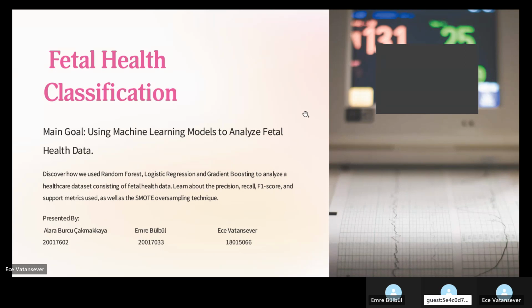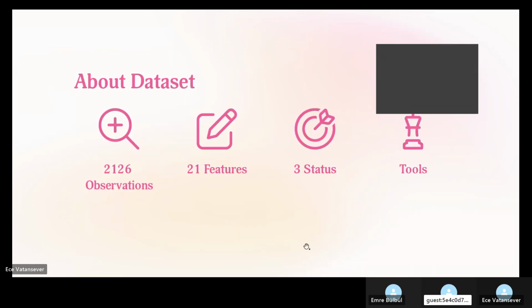Let's look at the dataset description. In this project, a CTG dataset from the University of California in Rome is used. There are 21 different features in it. These features include a combination of measurements such as fetal heart rate, uterine contraction pressure, and other related data points.